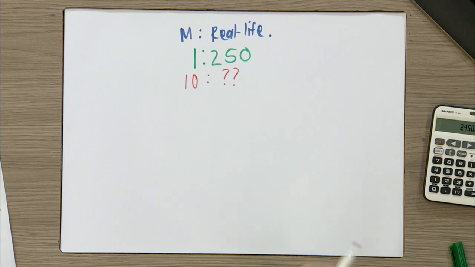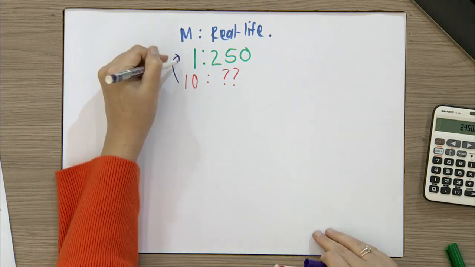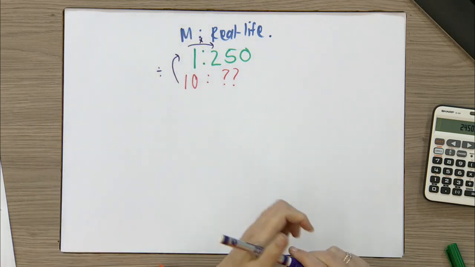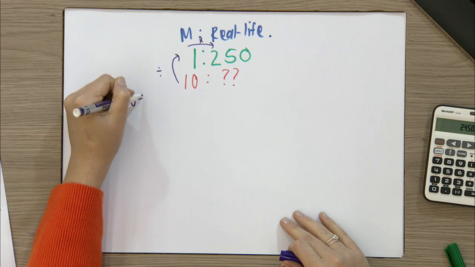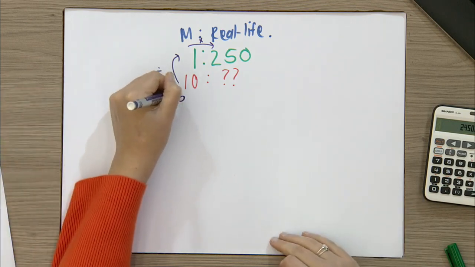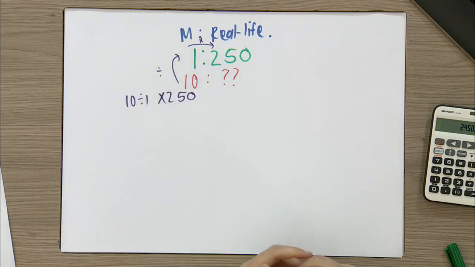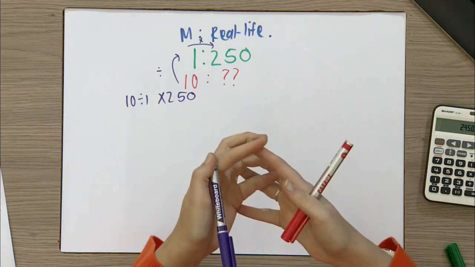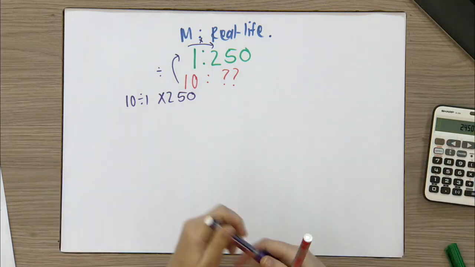So as we said earlier, we can use the magic method where we divide up and multiply across. So in this case, it would be 10 divided by 1, which will be 10, times the scale factor, which is 250. Remember, we said when we go from map to real life, we will multiply by the scale factor because it's going to be bigger in real life.